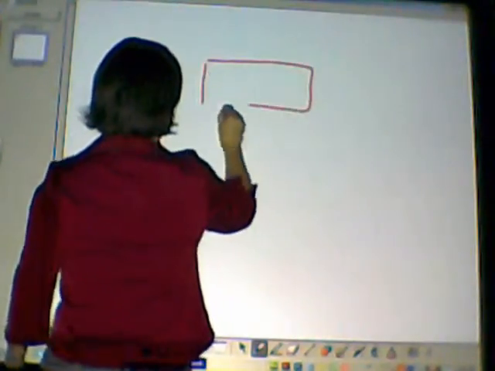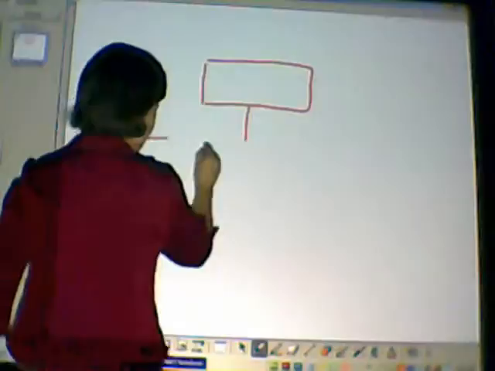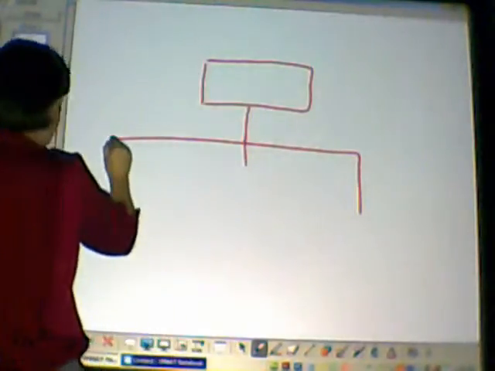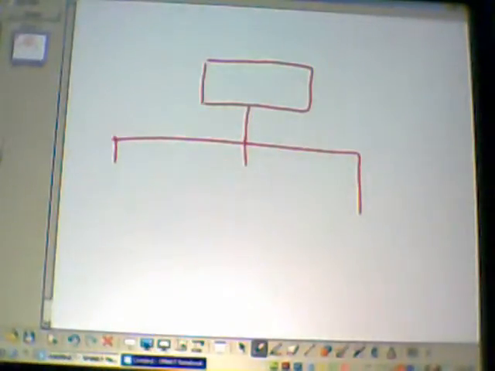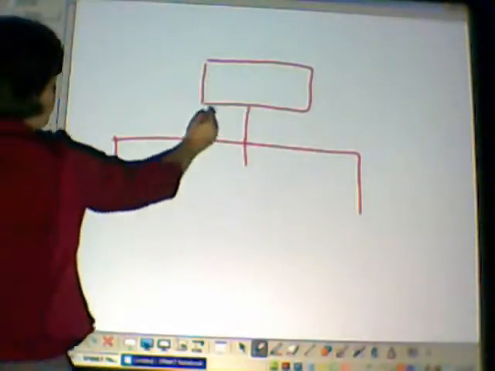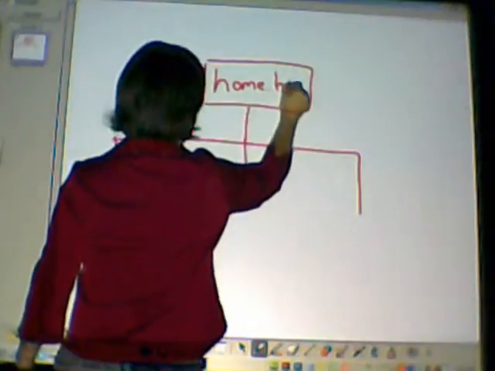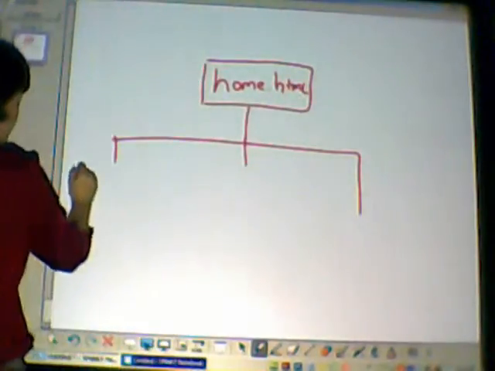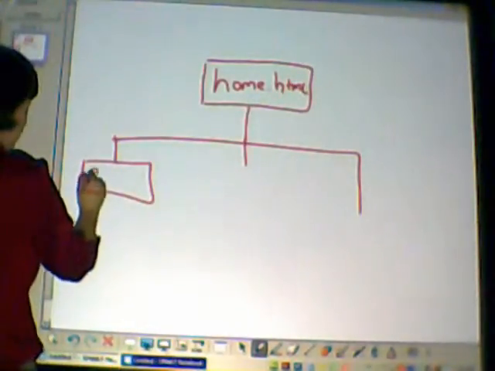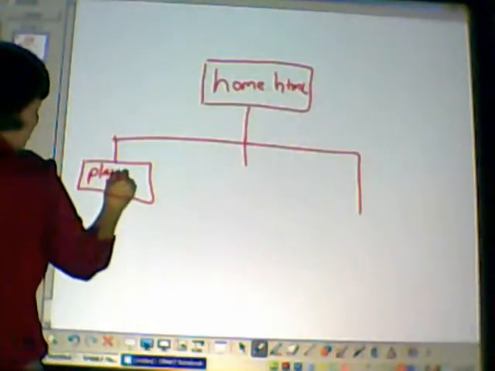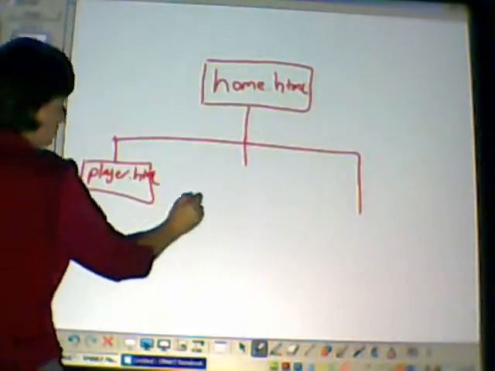On this website, under a Practice 2 folder, when you start designing your websites, I'm going to ask that you give me a flowchart. And in this case, I'm going to use that flowchart. This is going to be home.html. This page is going to be called player.html.